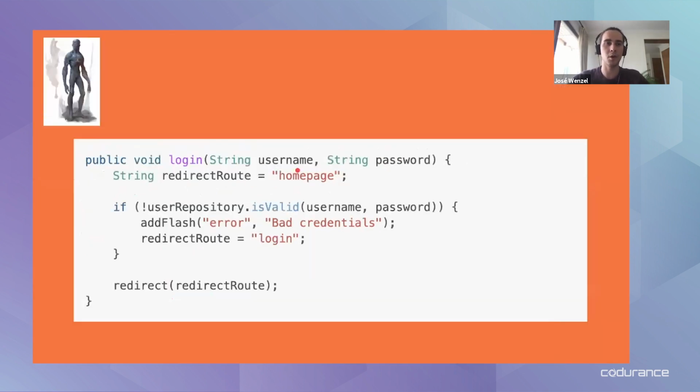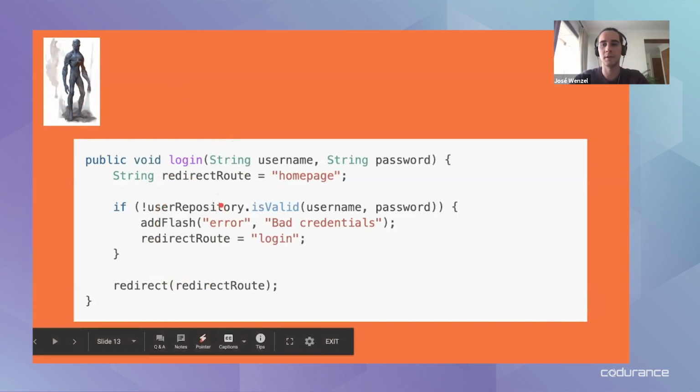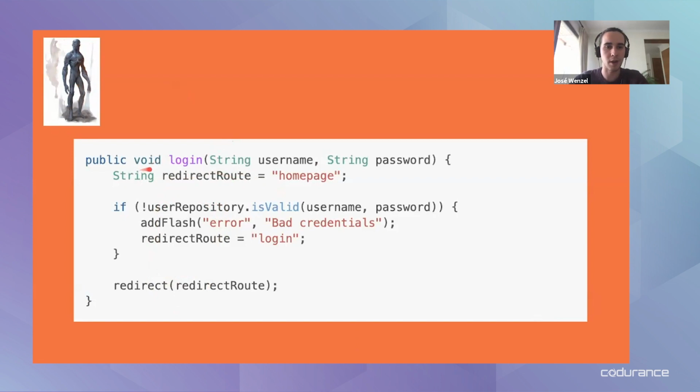So the other one was having a variable to return at the end. Basically, same problem that we had before, but a different solution. It would be to have a redirect route, which has a standard homepage.